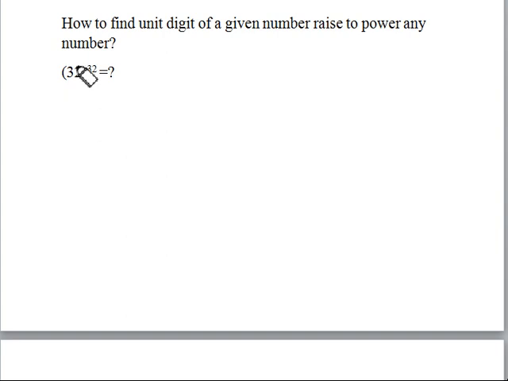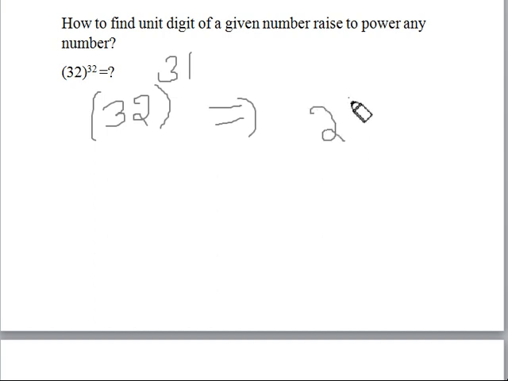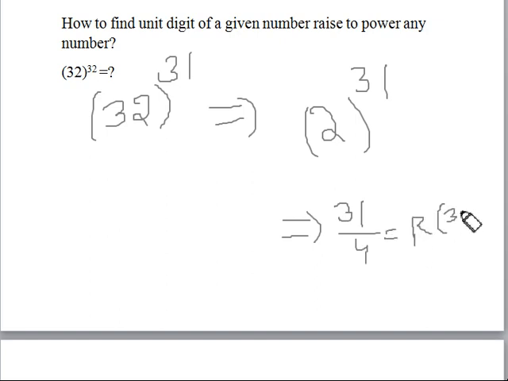For example, if it is 32 raised to power 31, the last digit is 2 raised to power 31. The remainder of 31 divided by 4 is 3. If the remainder is 3, that means the third number in the cycle of 2, which is 8. So 8 would be the answer.